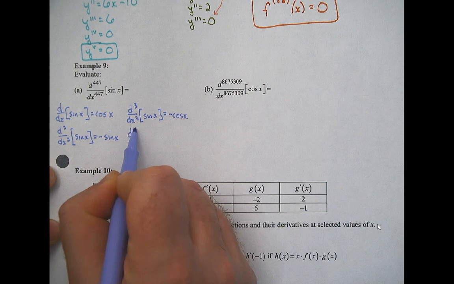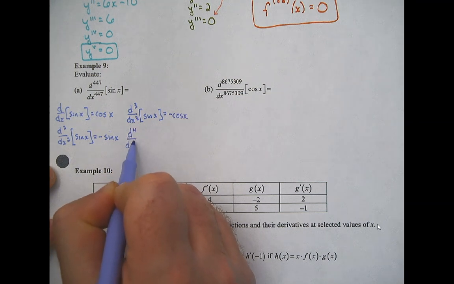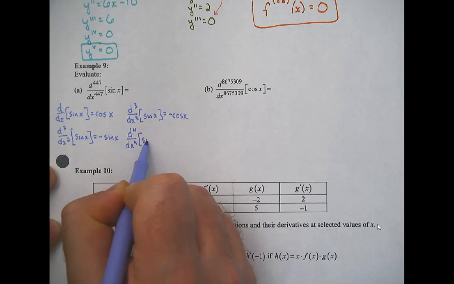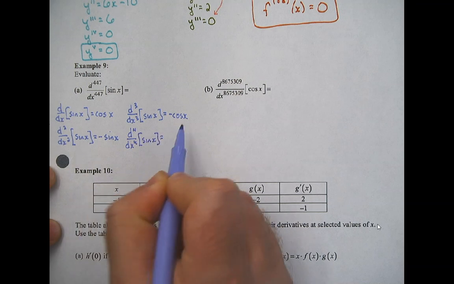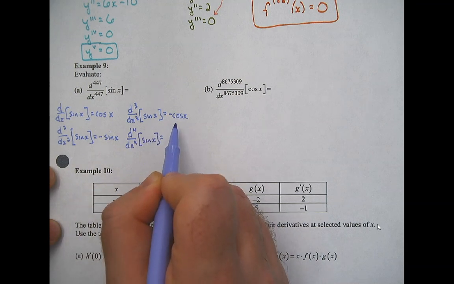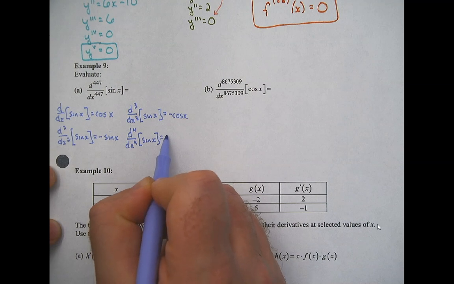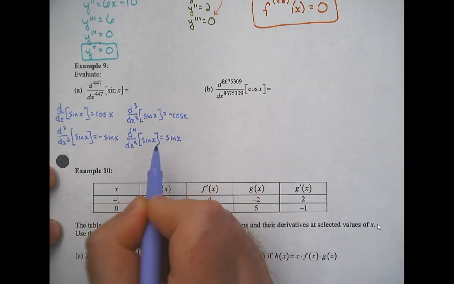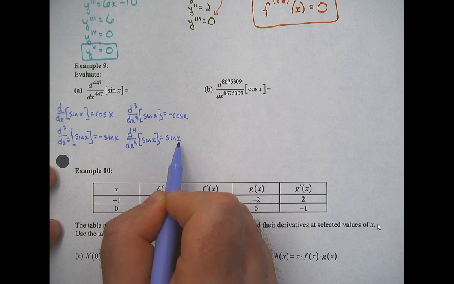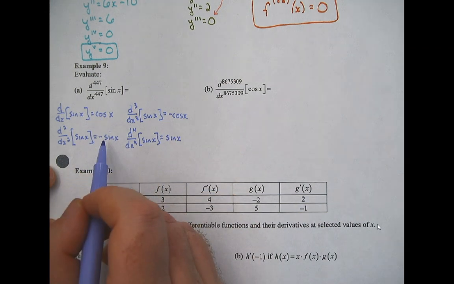The fourth derivative of sine, what's the derivative of negative cosine? Negative sine, so a negative and a negative make a positive, and we get back to sine. So then what's the derivative of that? Well, then it would just go back into this pattern again.